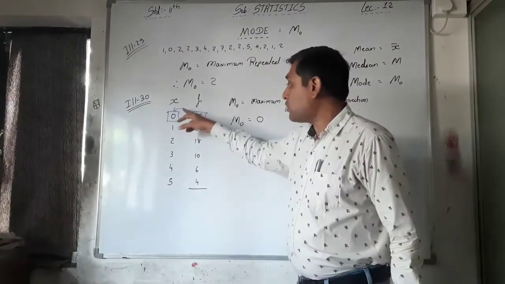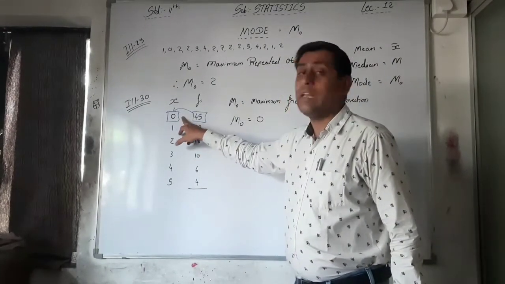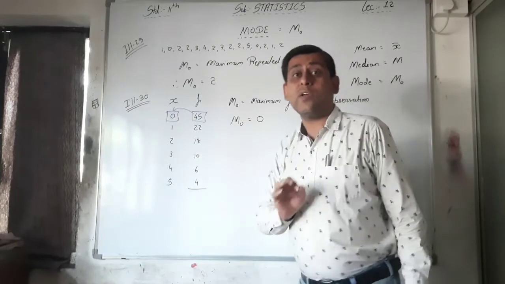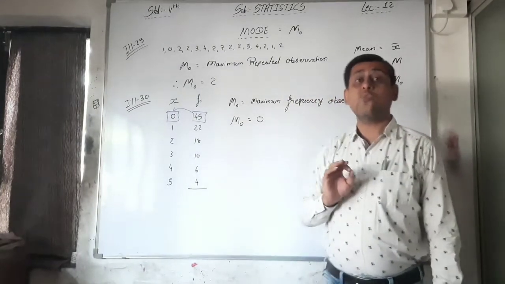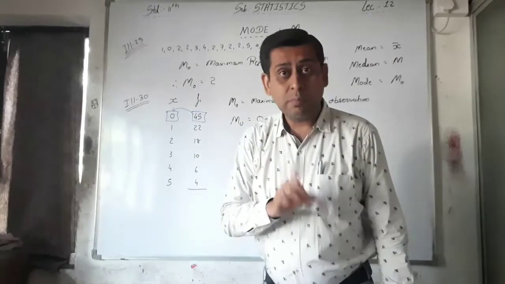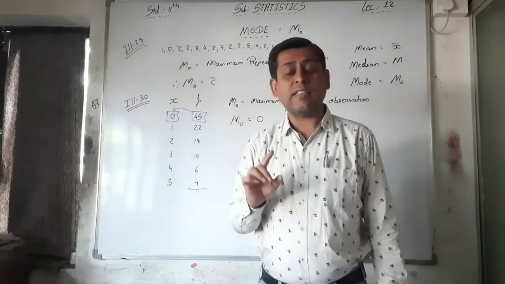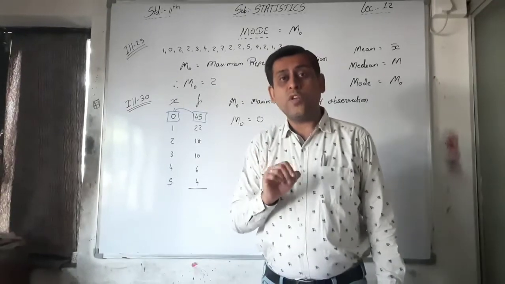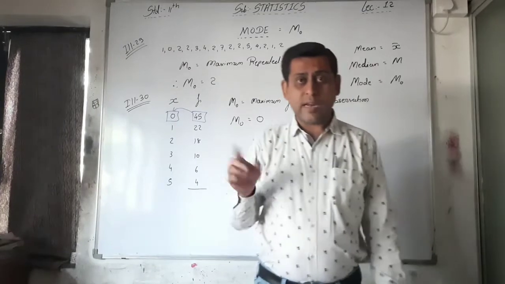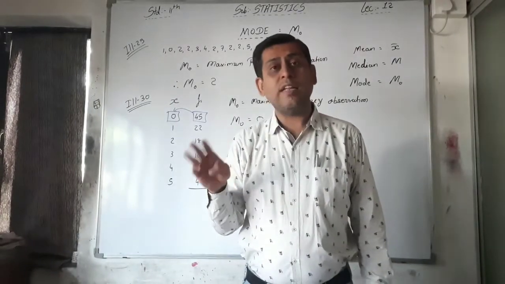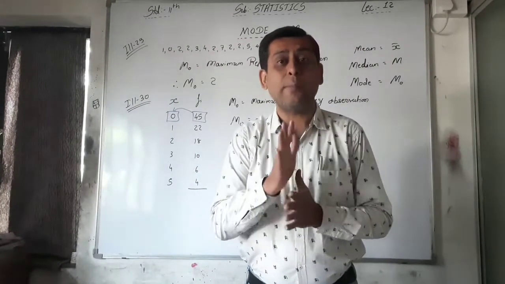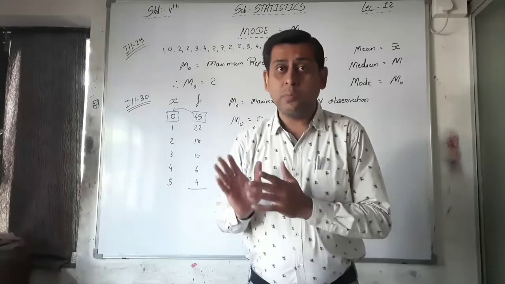Why? Because it is not a central answer, it is a beginning answer, right? That's why we cannot say it's an appropriate answer. We have to find this by the next formula, that is the empirical formula, which we will discuss later. After the third method we will discuss the fourth method, that is the empirical formula of the mode.